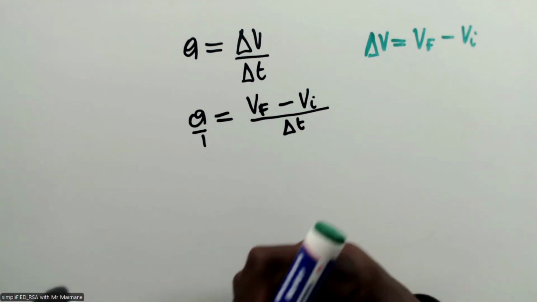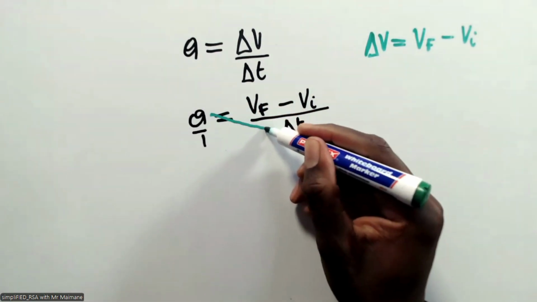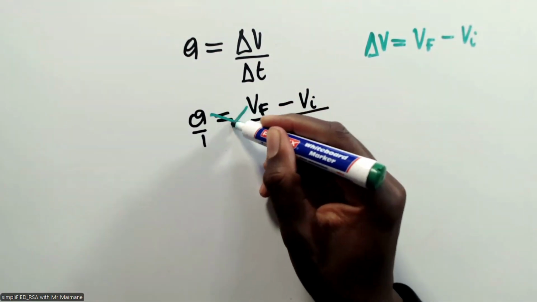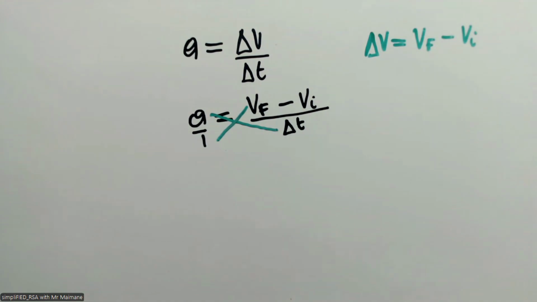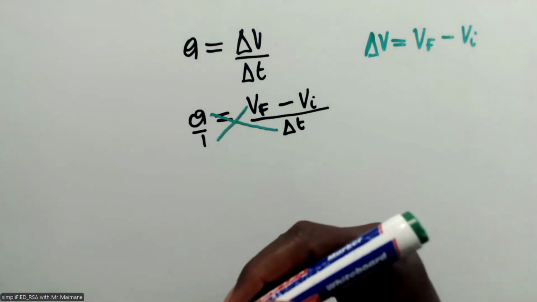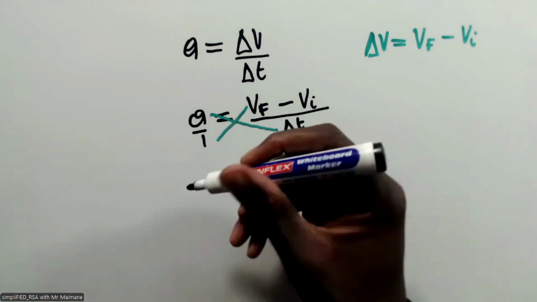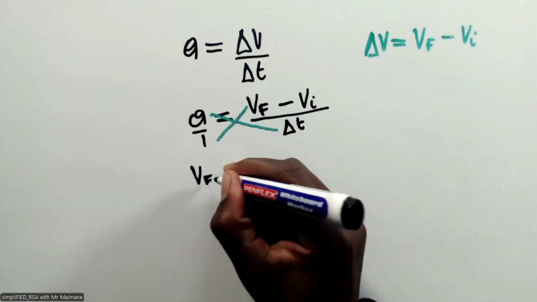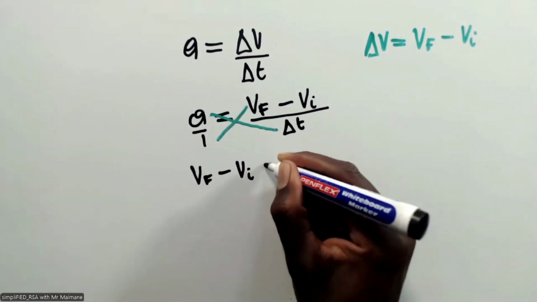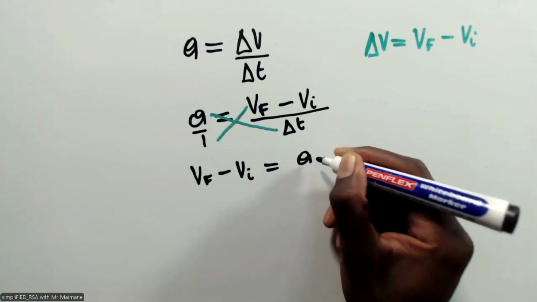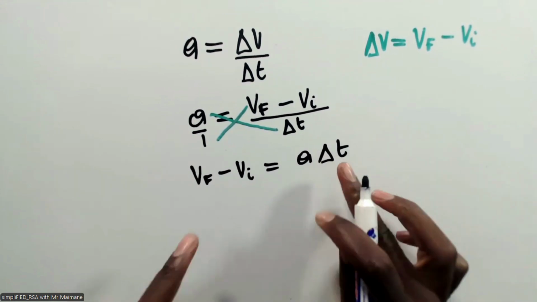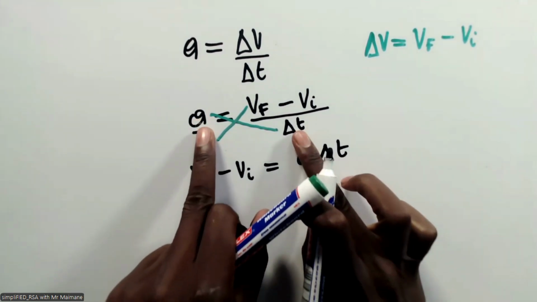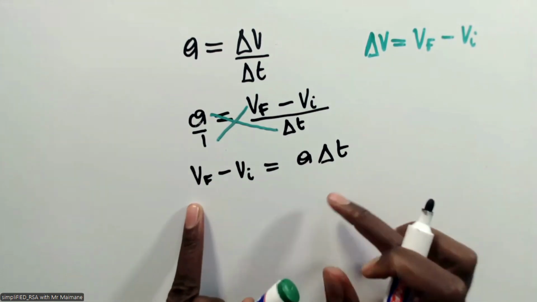So I will multiply the acceleration with the change in time, and then I'll multiply the final minus initial velocity with the 1, such that this will result in VF minus initial velocity is equal to acceleration times change in time. You see, because I multiplied the acceleration and the change in time, it will result in this.